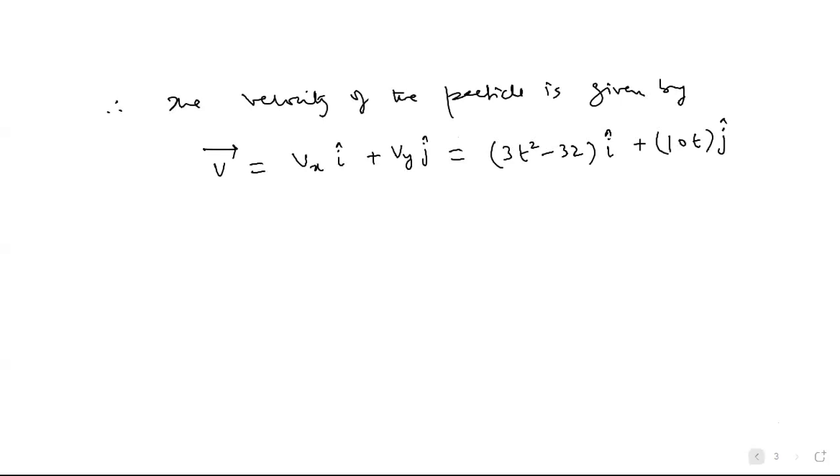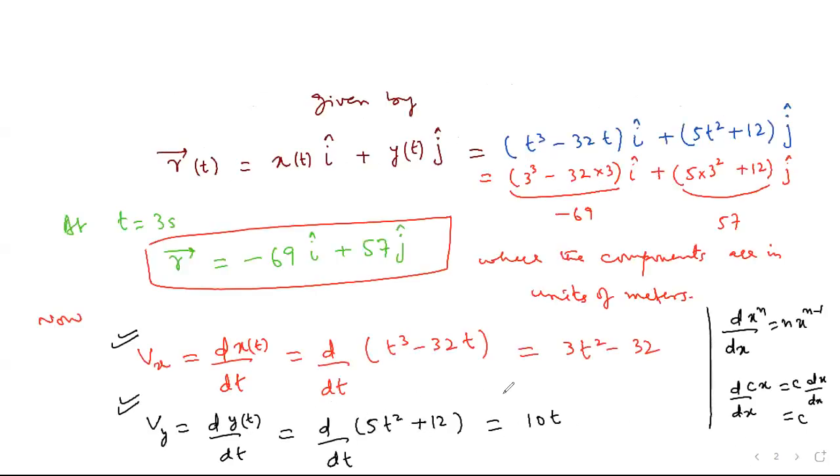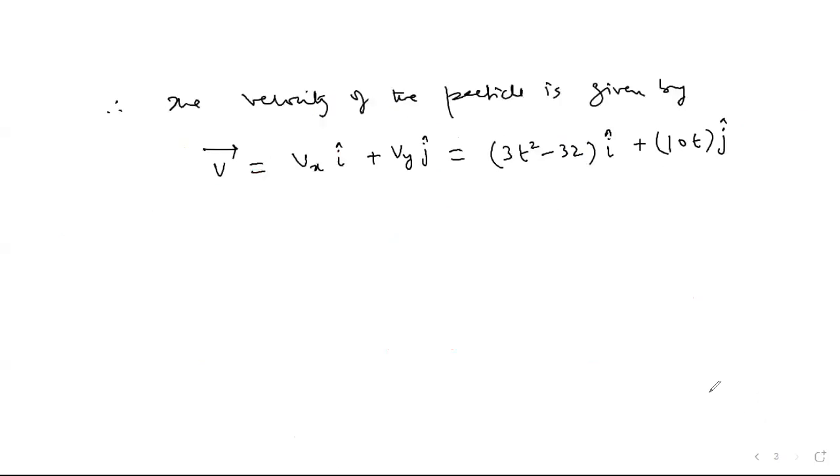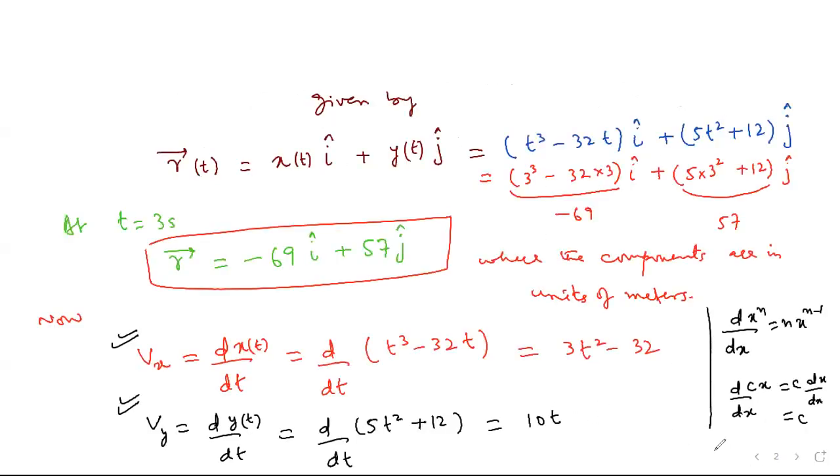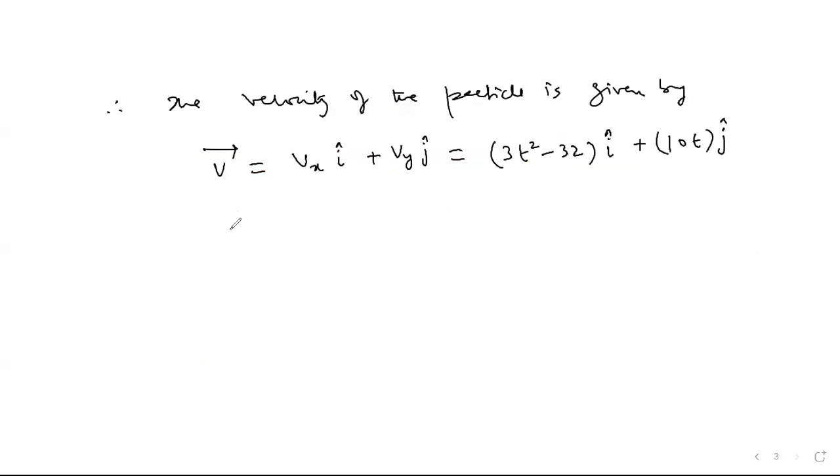You can see our Vx is 3t square minus 32. So I have substituted that, and our Vy is 10t. So our velocity vector at any time is Vx i cap plus Vy j cap, which is 3t square minus 32 i cap plus 10t j cap. Of course, it is dependent on time because the components are dependent on time.